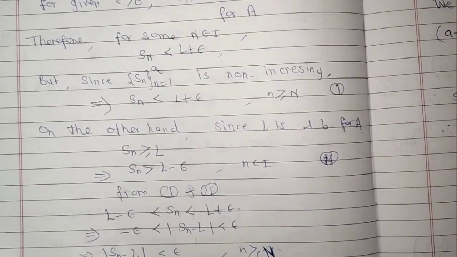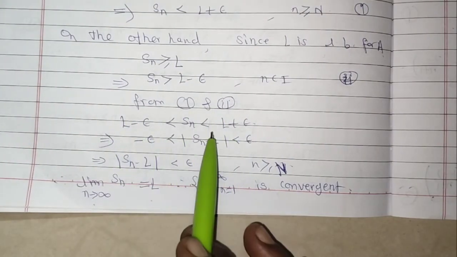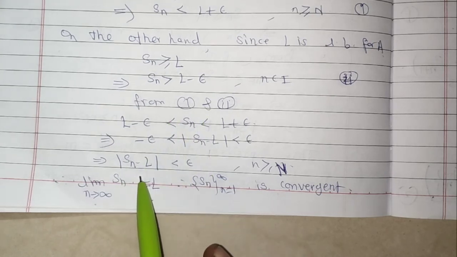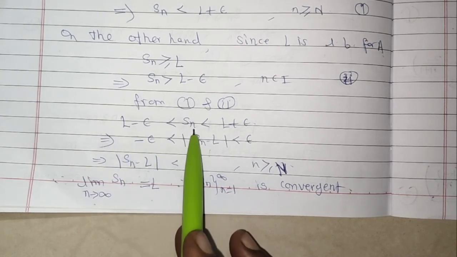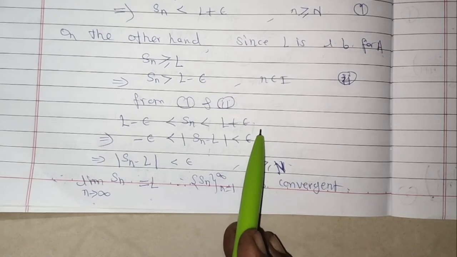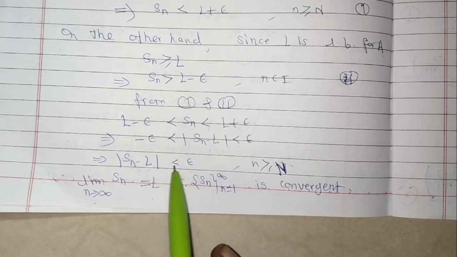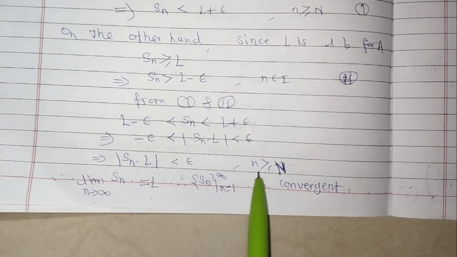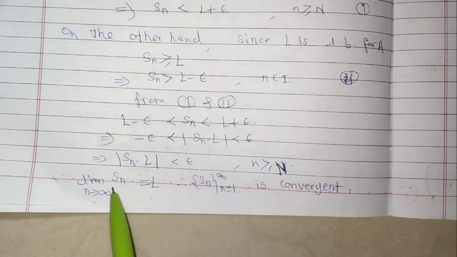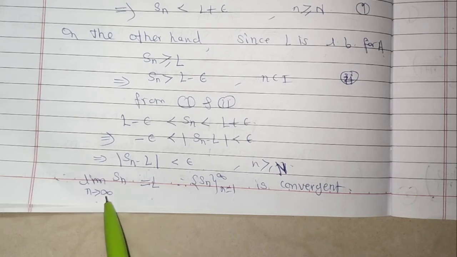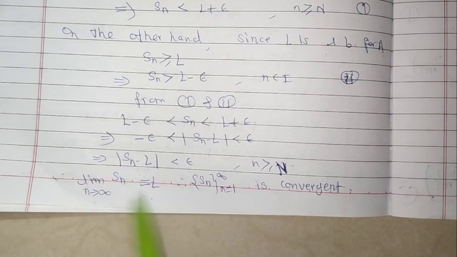Here we have taken that the limit of Sn as n tends to infinity equals L, since by definition of limit, modulus of Sn minus L is less than epsilon, that is, L minus epsilon is less than Sn is less than L plus epsilon, for n greater than or equal to capital N. This is by definition of limit. Hence, the limit of this sequence is L.